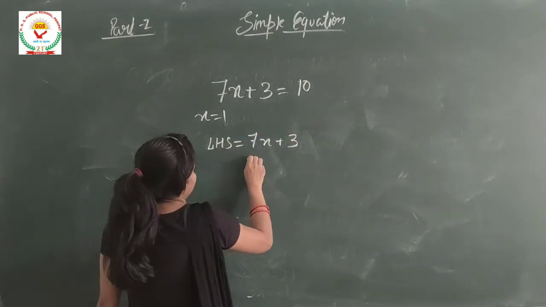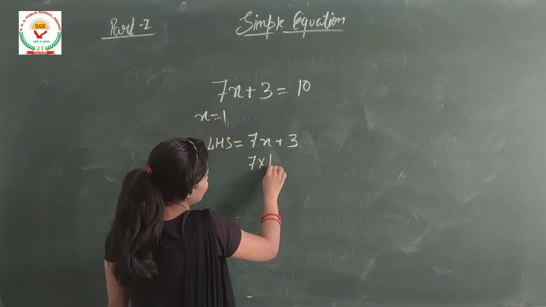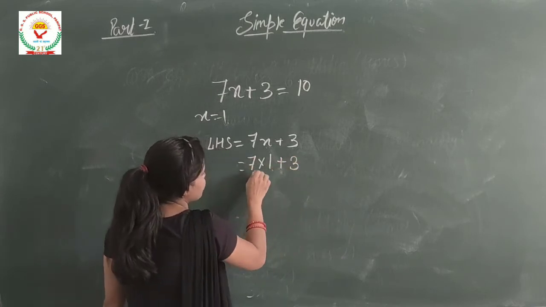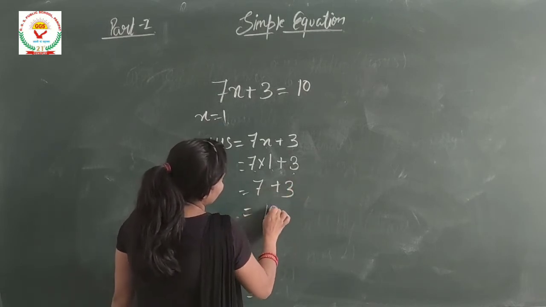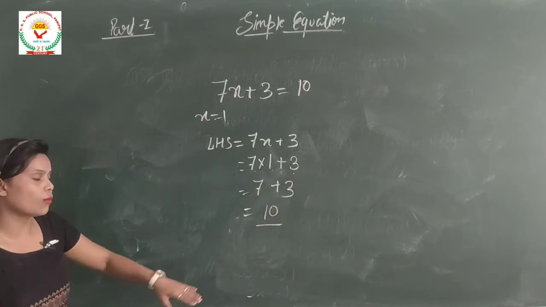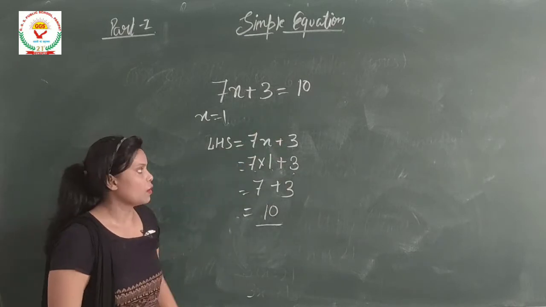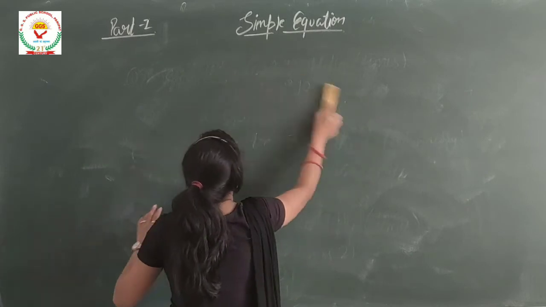So 7 multiply 1, in the place of x we will put 1, plus 3. 7 multiply 1 is 7, plus 3 is equal to 10. So LHS is equal to 10, which is equal to RHS. So from here we know how to put the values.